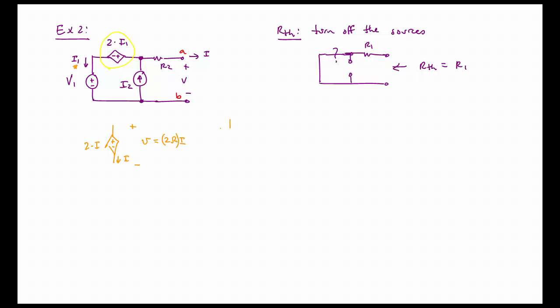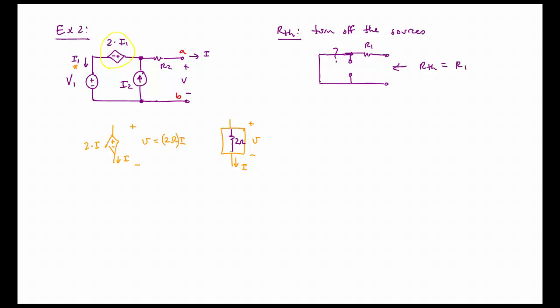Now, could I put something else inside this box which would have the same terminal VI characteristics as that dependent source does? Well, I need to put something in there that produces a voltage V that is equal to 2 times the current flowing through it. Any ideas? It's too simple, right? It's a resistor, a 2 ohm resistor.